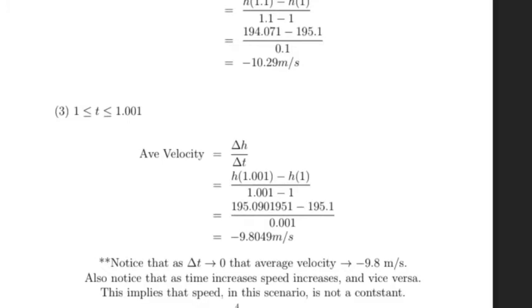We're looking at that moment when time is equal to 1. We're not there yet. We're still taking a difference in time. It's small, but it's still a jump. But it's getting closer and closer to the negative 9.81 meters per second squared that you would assume would be the acceleration due to gravity. So at 1 second, we do assume that the velocity would be negative 9.8 meters per second.